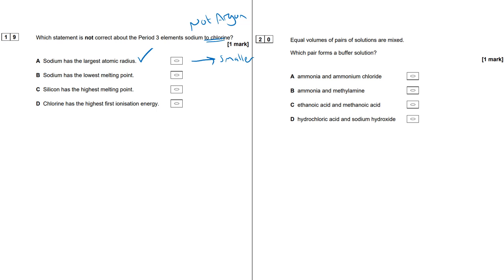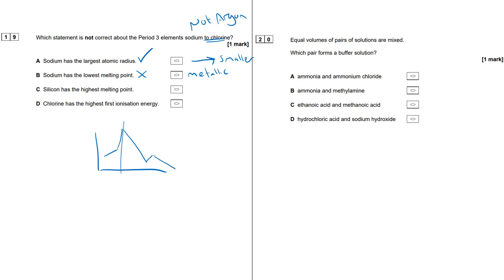Sodium has the lowest melting point. That's incorrect. Sodium has metallic bonding, so the metallic bonds are going to be stronger than the intermolecular forces between the molecules of things like sulfur, phosphorus and chlorine. I'm just drawing the melting point graph below to remind you how that looks.